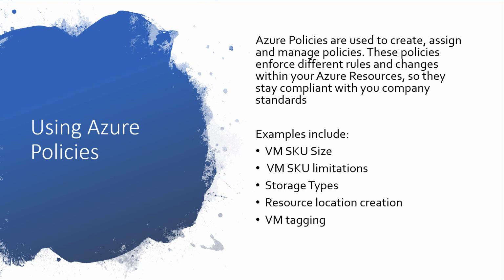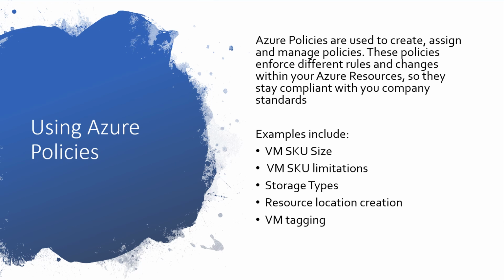Azure Policy meets the needs by evaluating your resources for non-compliant resources with the policies that you have assigned. Examples of these policies from a costing perspective can include VM SKU size, SKU limitations. So say, for example, your development environments can't deploy the higher GPU virtual machines, or the high CPU, or the more expensive virtual machines.